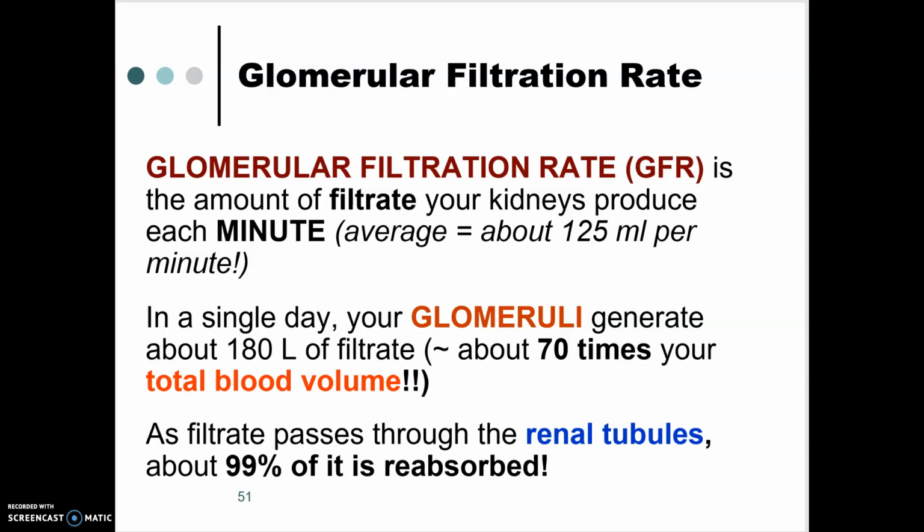So in a single day, your kidneys will produce about 180 liters of filtrate, and that's a lot of fluid, equivalent to about 70 times the total blood volume. Okay, so your blood gets filtered about 70 times per day.